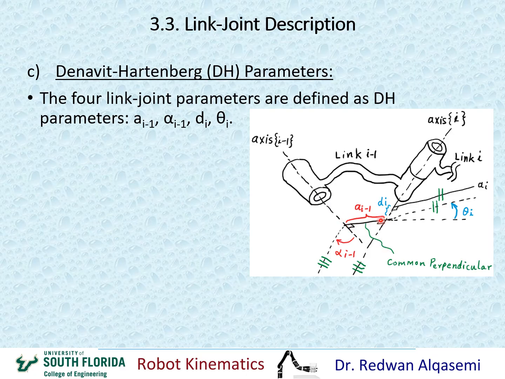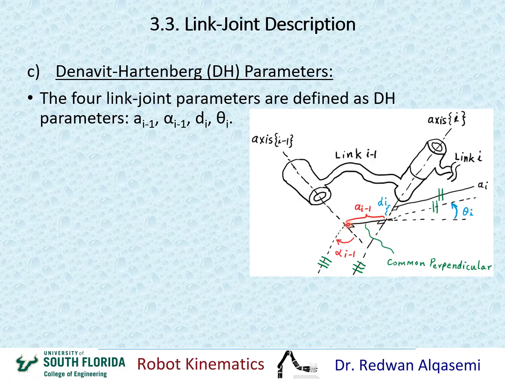So let's assume that this line is right here. As you can see, this is perpendicular to this and perpendicular to this as well. So a_{i-1} would be the length of this common perpendicular line.